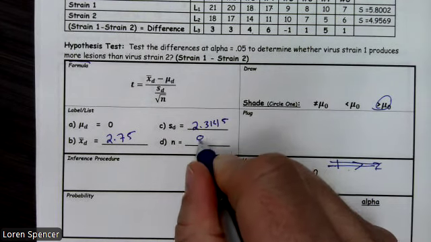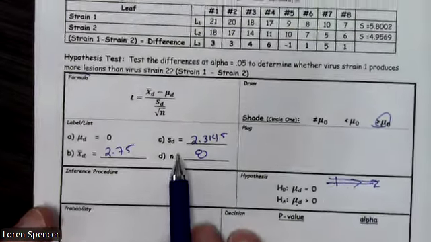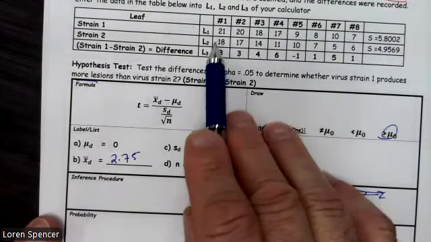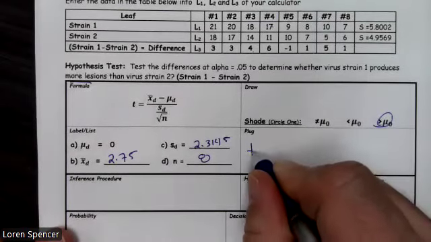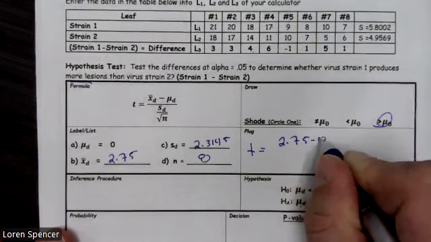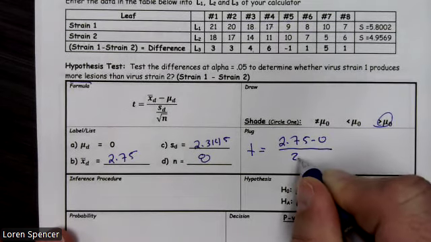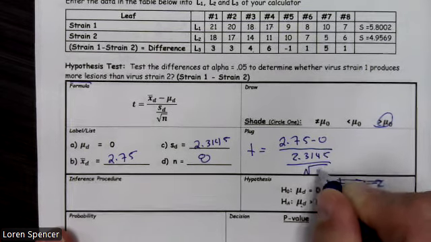And we know our sample size is 8 because we have 8 pairs. So actually what we care about is not L1 and not L2. We actually care about the differences. So we're going to plug in and we're going to go T equals 2.75 minus 0 over 2.3145 over the square root of 8.